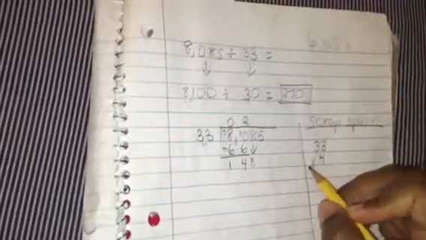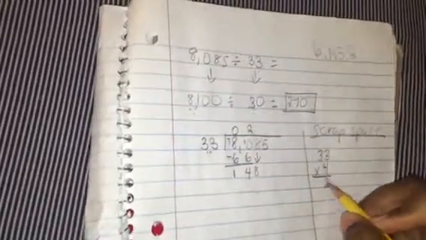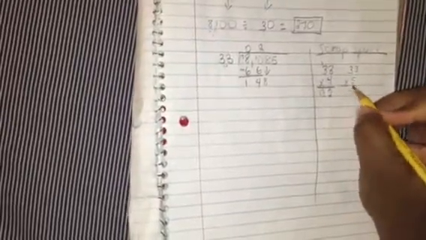So let's look at 4. 4 times 3 is 12, plus 1 is 13. That's 132. We know that's close, but for some people that may be skeptical, let's just do 5, just to see. 5 times 3 is 15, plus 1 is 16, so 165 is much larger than 148.